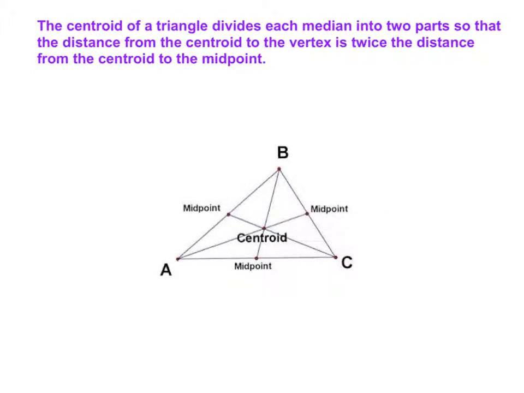The centroid is important because it divides each median into two parts so that the distance from the centroid to the vertex is twice the distance from the centroid to the midpoint of the segment. Here in this picture you can see this length is going to be half of this longer length on each median.